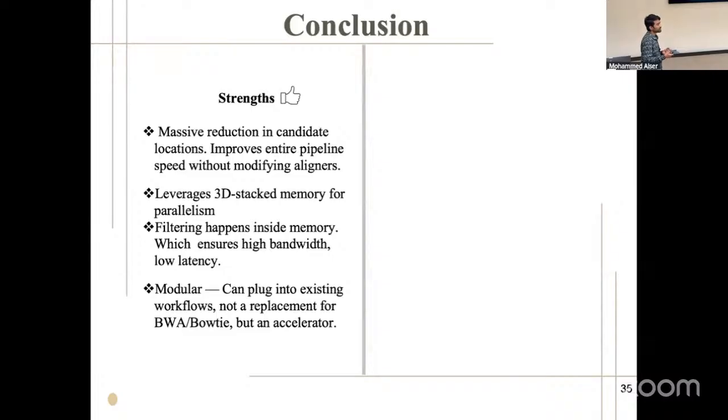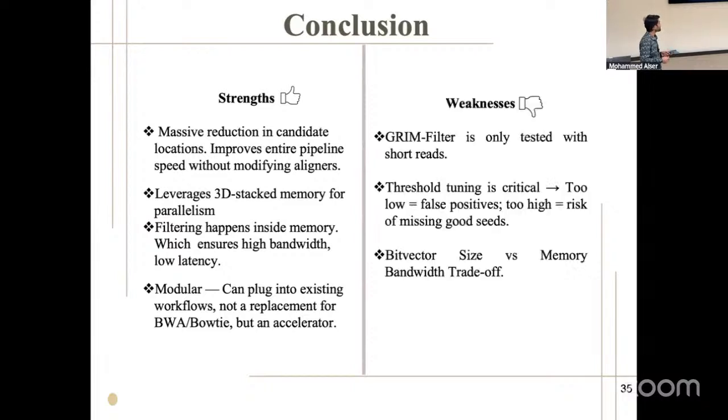Why is it? This is a pre-processing step, and the filtering happens just before the read mapping alignment, right? There is a lot of research going on in speeding up the alignment process and the read mapping steps. So we can easily integrate this filtering step with that work to finally accelerate and get a better result with the combination of these two.